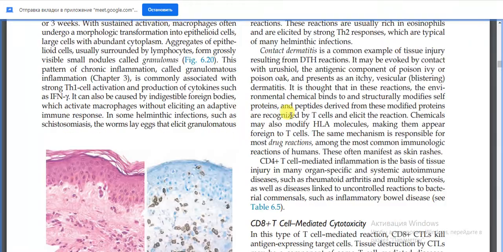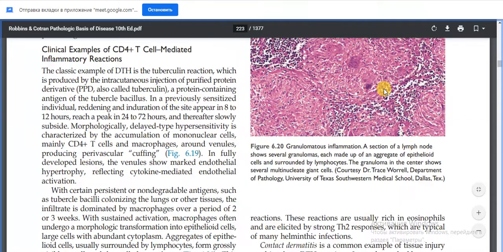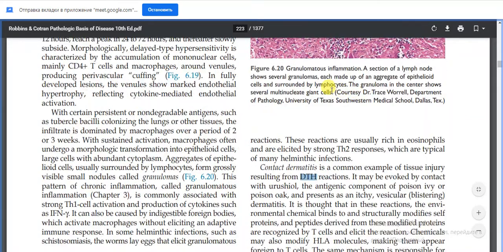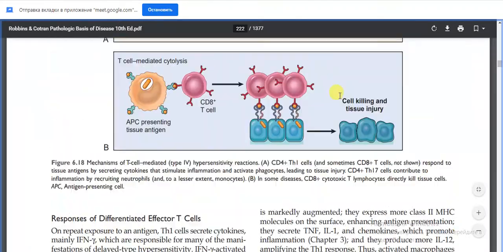So, for example, we have another disease which is known as contact dermatitis. Contact dermatitis is a common example of tissue injury resulting from DTH reaction, delayed type of hypersensitivity.